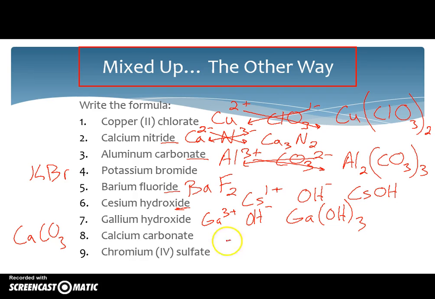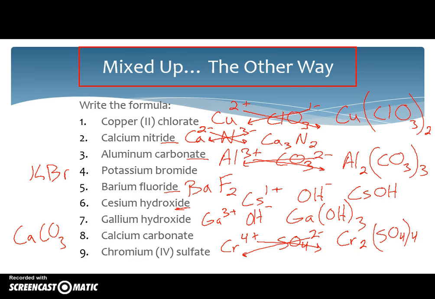So chromium 4, Cr4 plus. Sulfate is an SO4, 2 minus. I found that on my polyatomic ion sheet. Crisscross, 4 is going to come here, 2 is going to come here. Cr2, SO4, and I want to write another 4, well, parentheses.